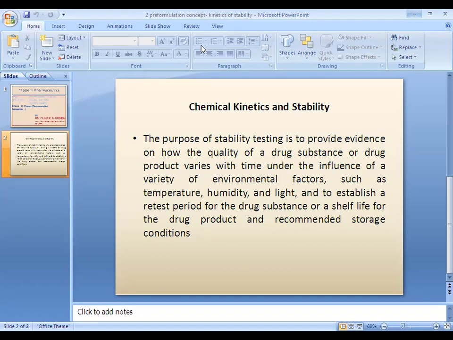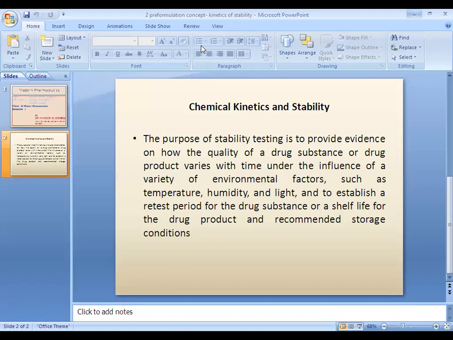The vehicle plays a major role, and the patient should be informed about such vehicles. The product should be stable, or it should be placed in such a way that its stability is not affected.